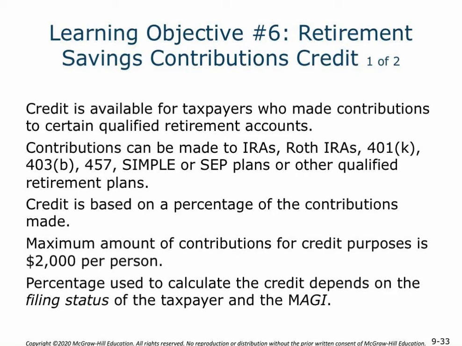The maximum amount of contributions for credit purposes is going to be $2,000 per person, and the credit is going to be based on a percentage of contributions made.